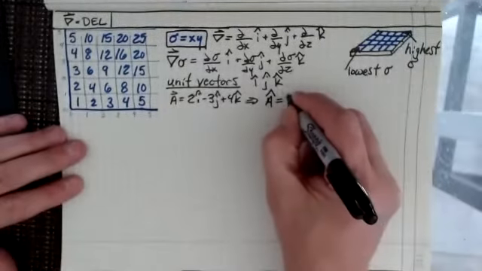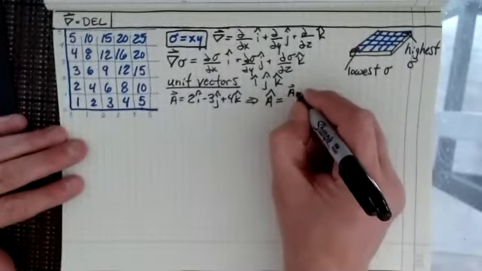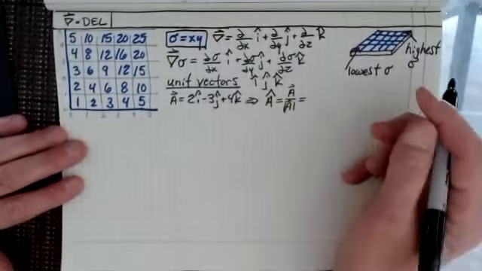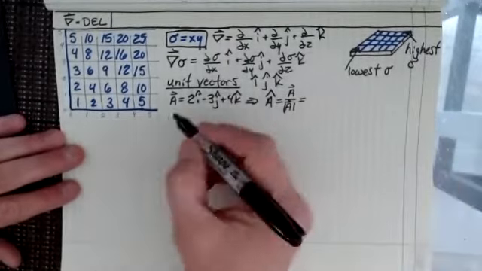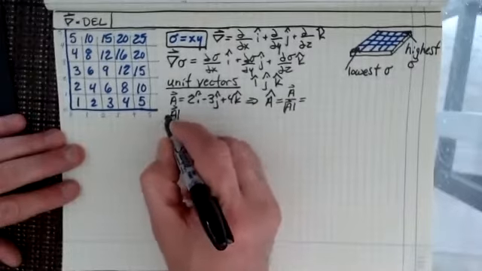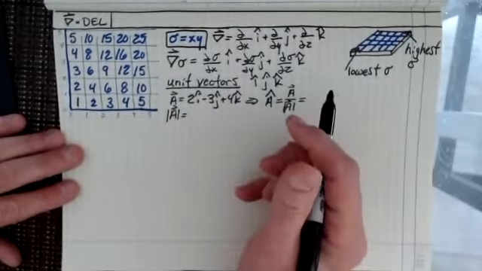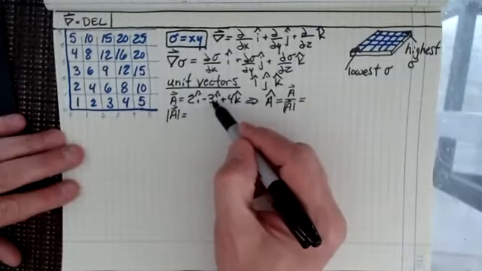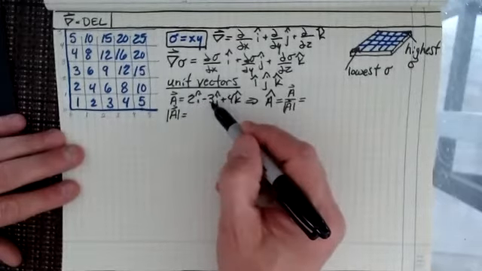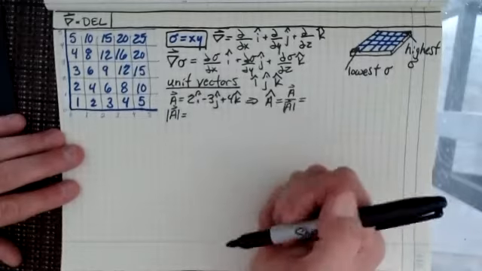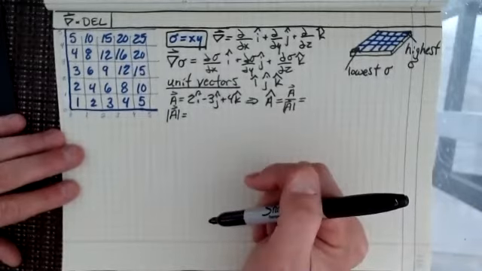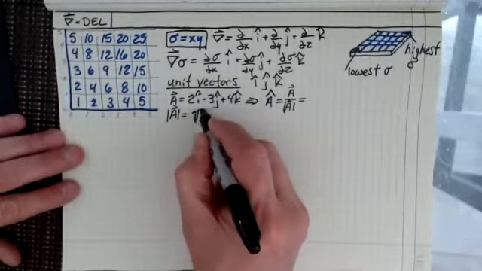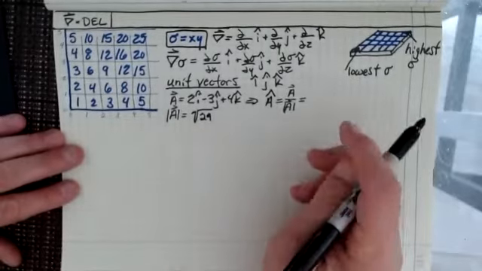And the way that we do that is we take the vector A and we divide it by the magnitude of the vector A, right? So let's find out what the magnitude of the vector A is. The magnitude of the vector A is going to be 2 squared plus 3 squared, so that's 4, plus 9, 13, plus 16, right? 13 plus 16 is 29, so it would be the square root of 29.